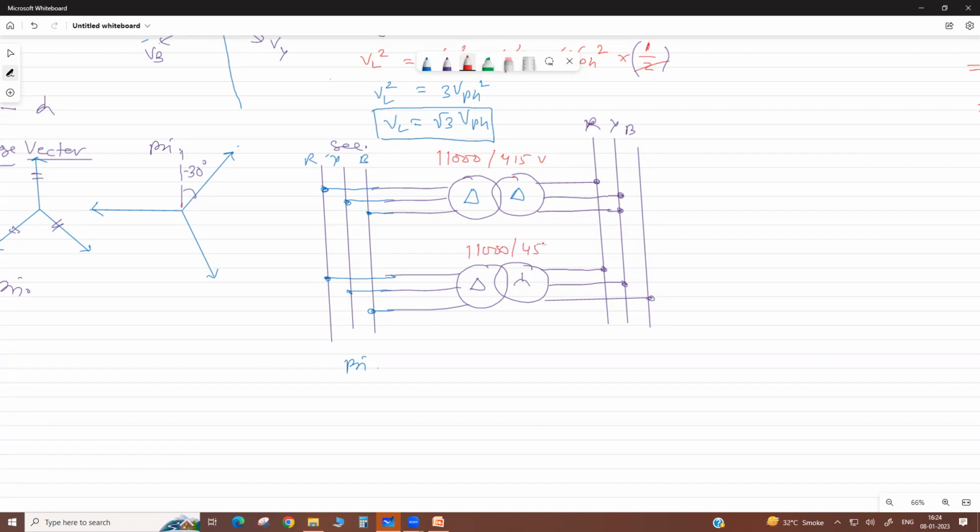Or it could be 6.6 kV, that is 6600 by 0.415 or 0.33 kV voltage.